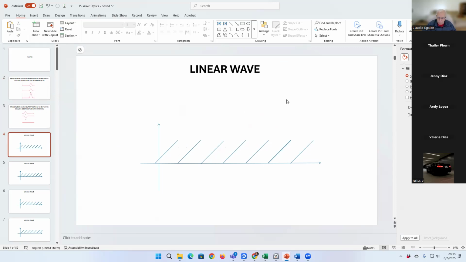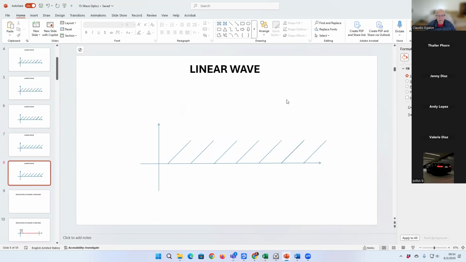And we have waves that propagate as time goes by, okay? And I'm going to show you this linear wave propagating from the left to the right. Watch what I'm going to do. Here you go. This linear wave is propagating from the left to the right, right? And now I'm going to revert its direction of motion from the right to the left.